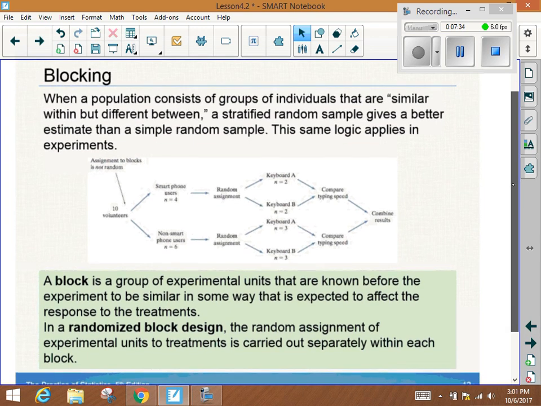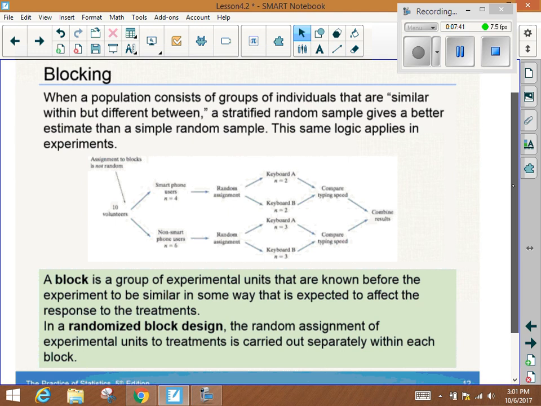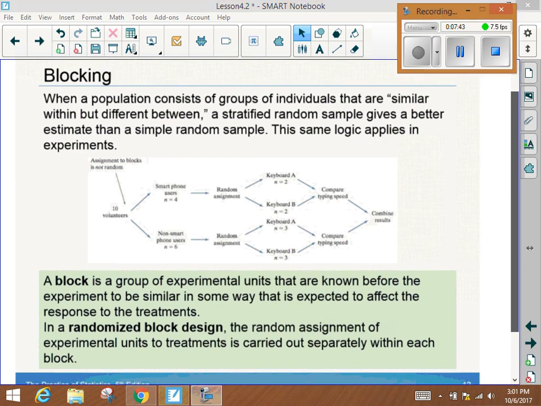All right, so we would like to block an experiment, which is similar to stratifying your sample, right?